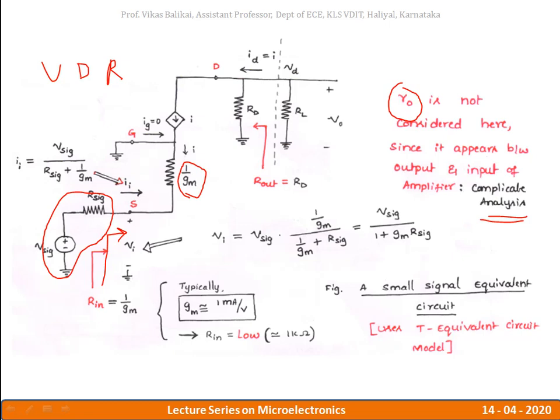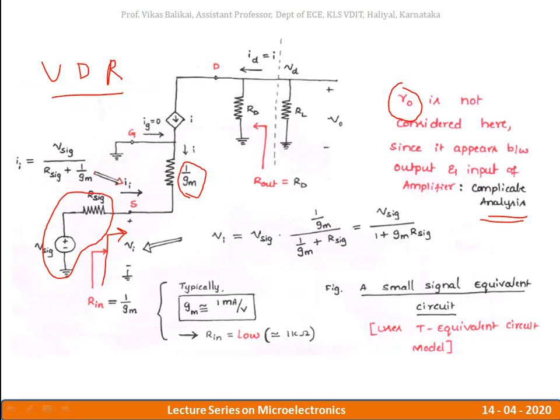So how do I calculate the voltage drop across the input resistance? The input resistance is 1 by Gm. In order to calculate the voltage drop across 1 over Gm, I will apply the voltage division rule. Considering Vsig as the master voltage, Rsig and 1 by Gm as the two resistances, I calculate the voltage that comes across 1 by Gm.